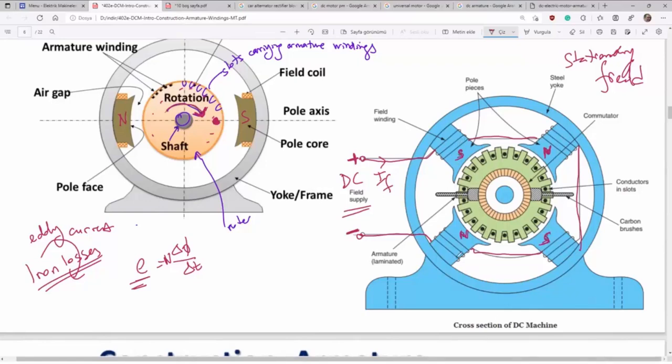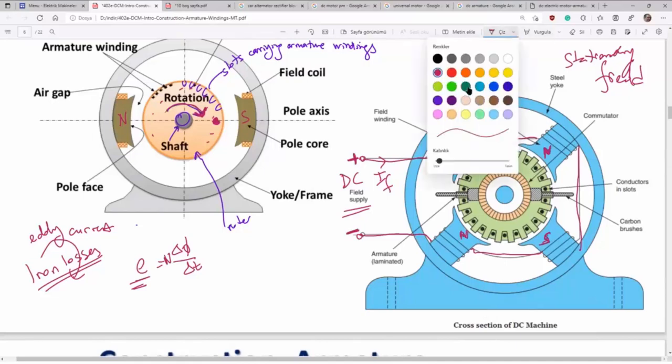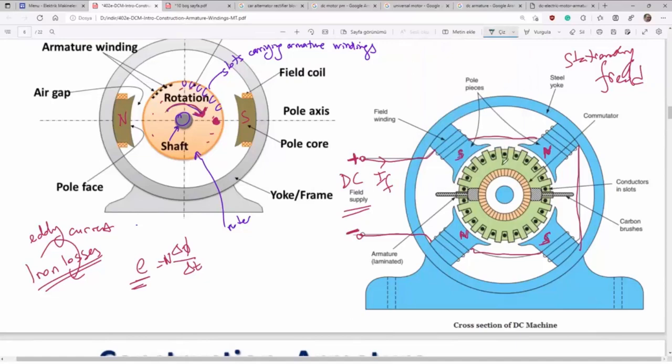Inside the four-pole stator, you see an armature or rotor carrying armature windings. Here you see the commutator.